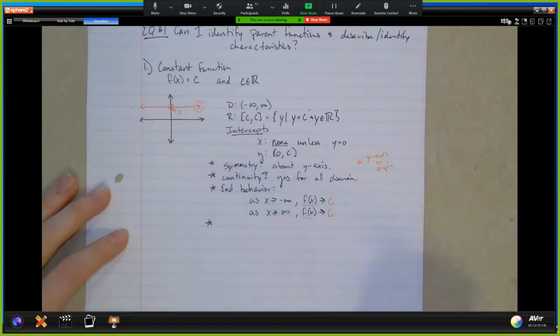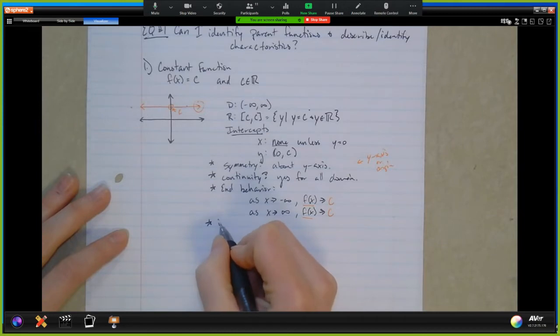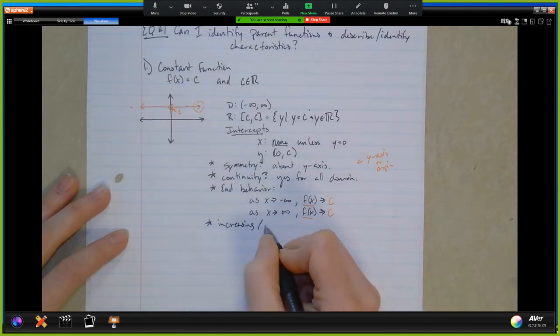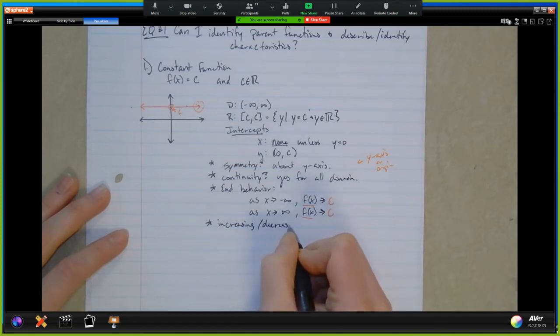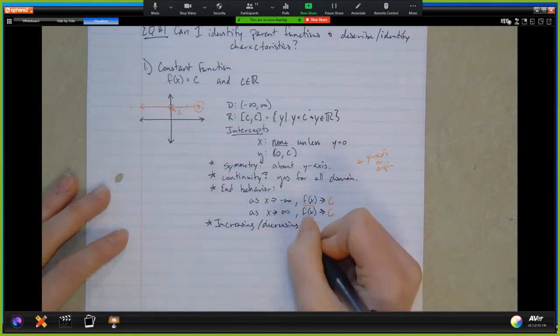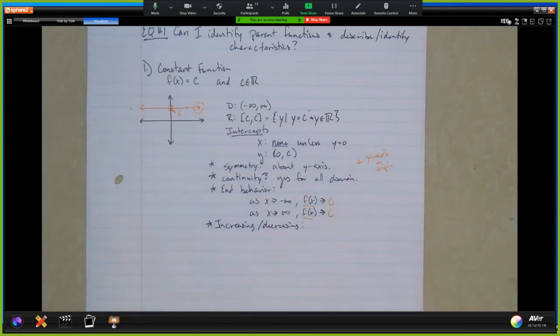So the last characteristic we want to be able to describe about every parent function is increasing or decreasing. And when we say yes, it's increasing, we want to say what x values it's increasing for.